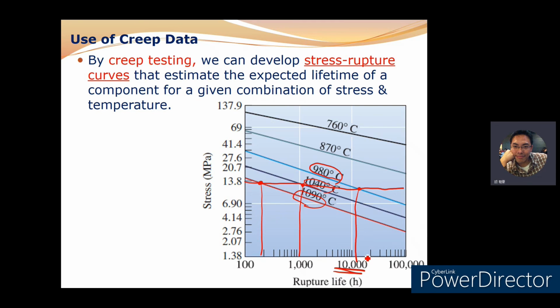And if we can design it, that's why we design its rupture time right here.